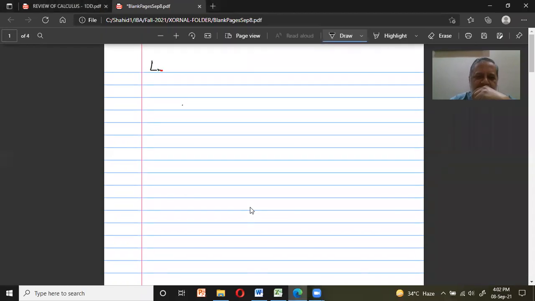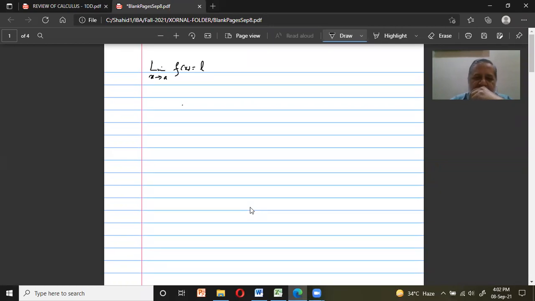Okay, so in the last lecture, our focus was on this expression. What do we mean by limit x approaches a of some function is equal to L exists?